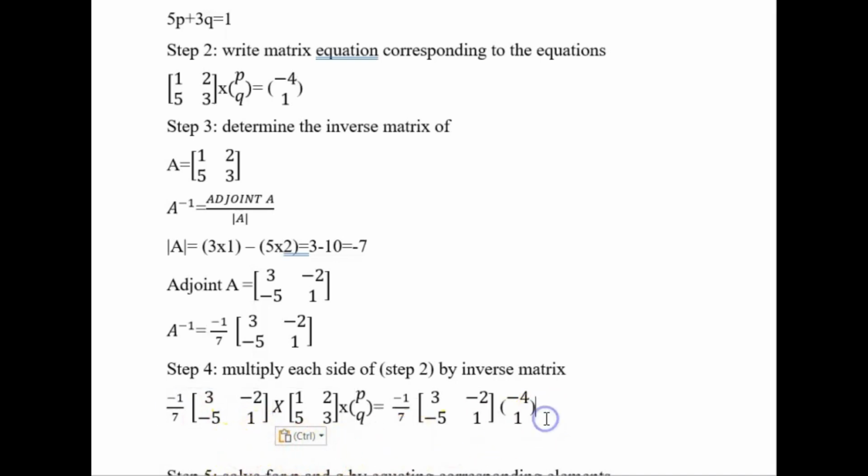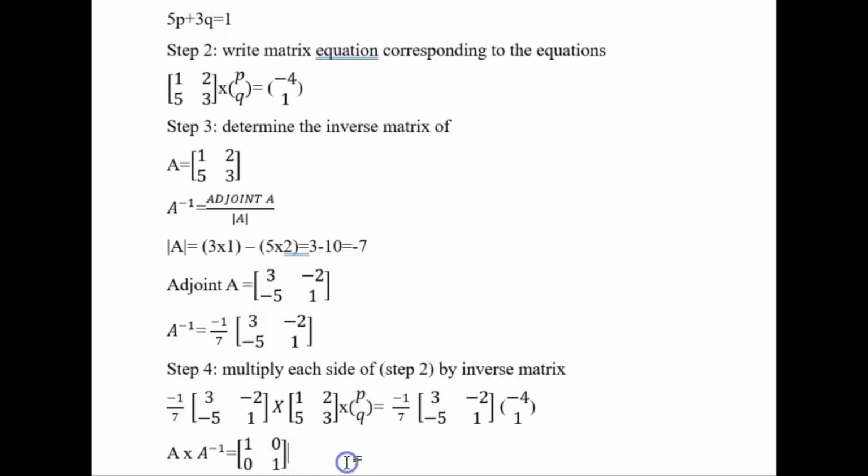So we know that A times A inverse for 2 by 2 should be equal to 1, 0, 0, 1.